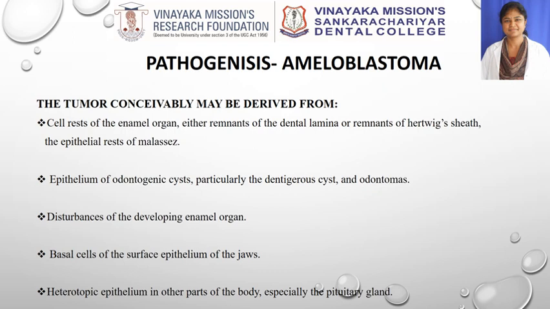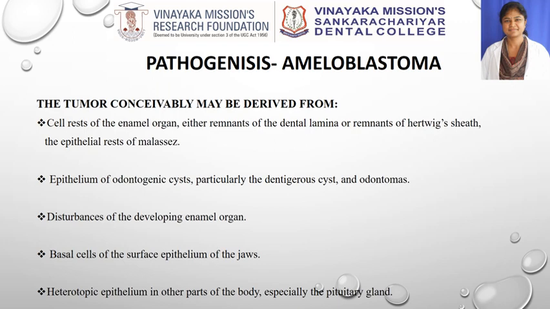Going on to the pathogenesis of ameloblastoma, the ameloblastomas have a varied origin, although the stimulus initiating the process is unknown. Thus, the tumor conceivably may be derived from cell rests of enamel organ, either remnants of dental lamina or remnants of Hertwig's sheath and the epithelial rests of Malassez.